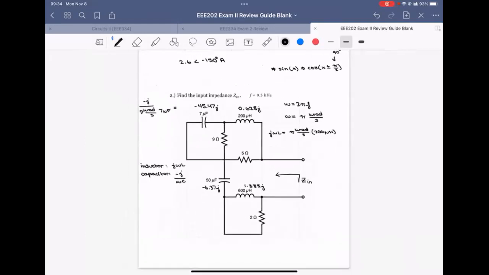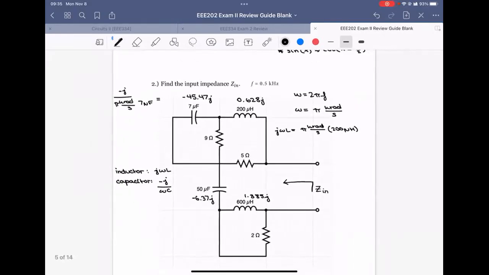Now, let's see. Then we can rewrite the circuit, or we can see a couple things real quick. I'd like to simplify it once before I rewrite it. We can see here that these two elements and these two here share something in common.